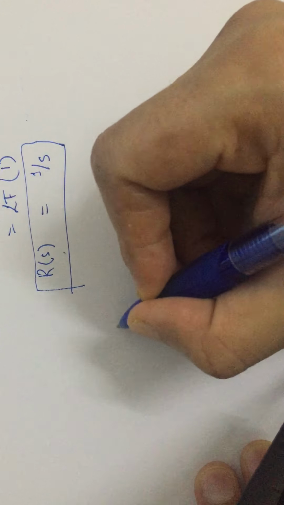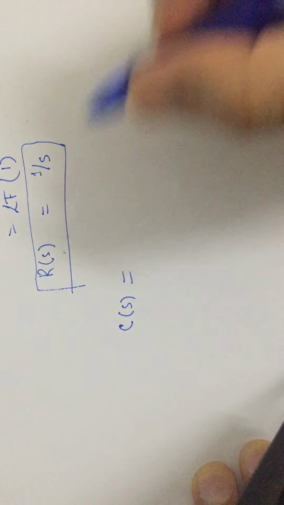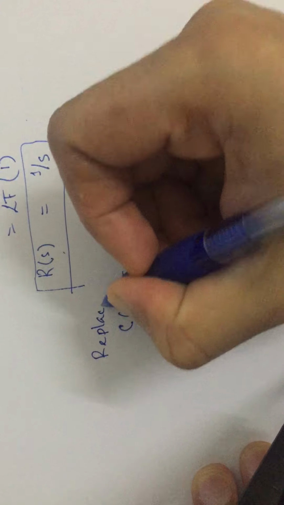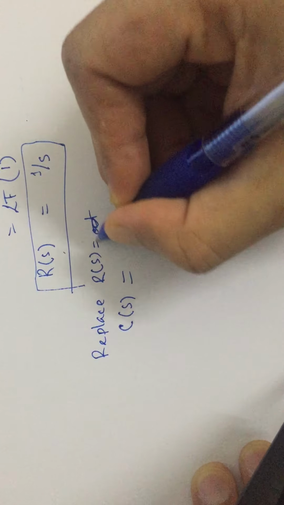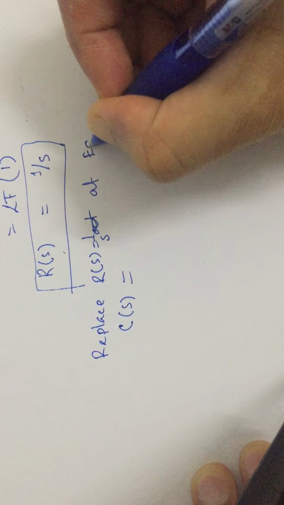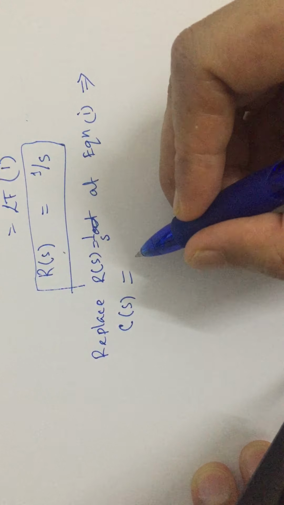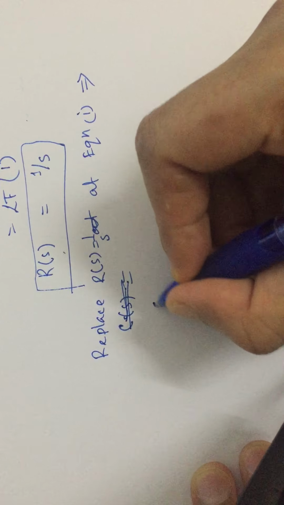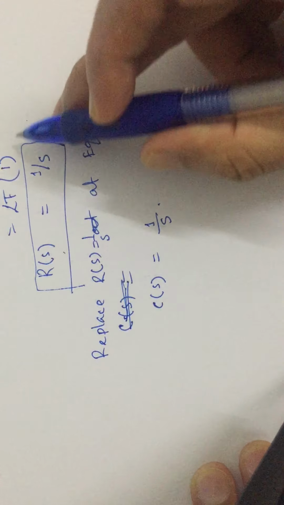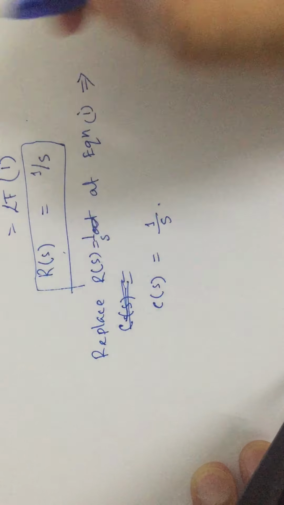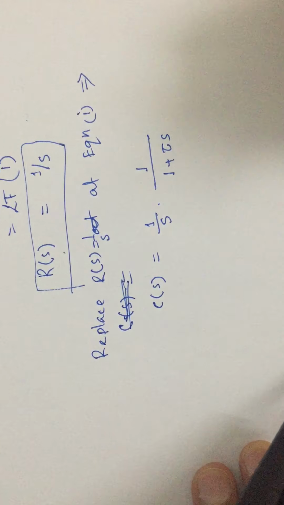Replacing R of s equal 1 over s in equation 1, C of s will be 1 over s times 1 over 1 plus tau s.